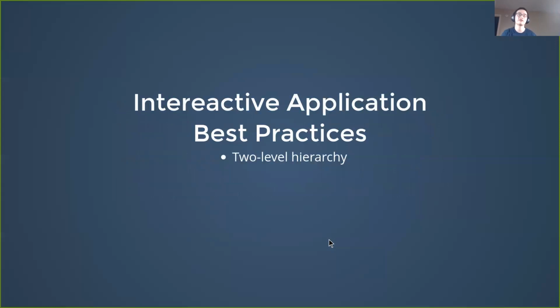For interactive or real-time applications, the paper recommends using two-level hierarchies, but APIs also already implement BVH using two-level hierarchies, so we don't even need to worry about them.